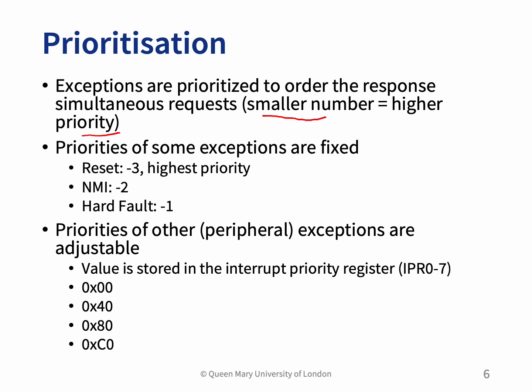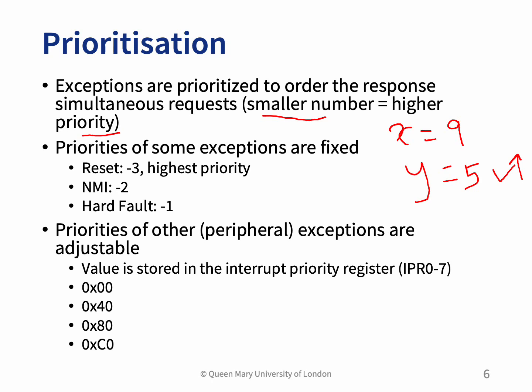So let's take an example. If X has its priority set to 9 and Y has its priority set to 5, just as an example, then Y has a higher priority than X. This is how it is determined.